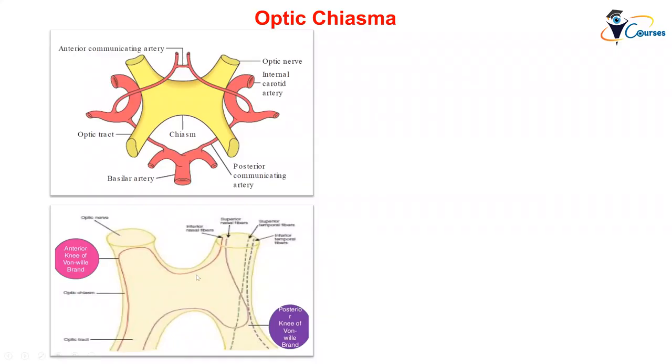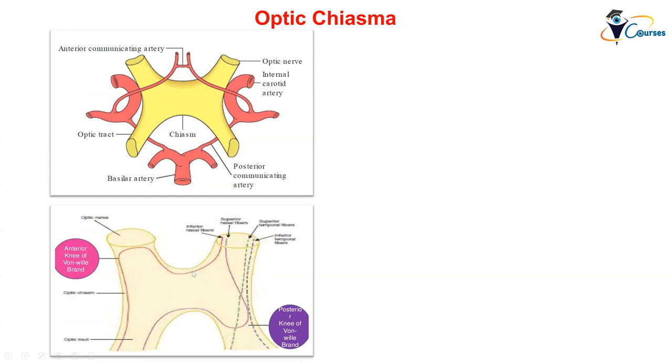And this is for the inferior nasal fibers. And also the superior nasal fibers will make a posterior knee of Wilbrand into the ipsilateral optic tract before decussating through the chiasm and descending through the contralateral optic tract.